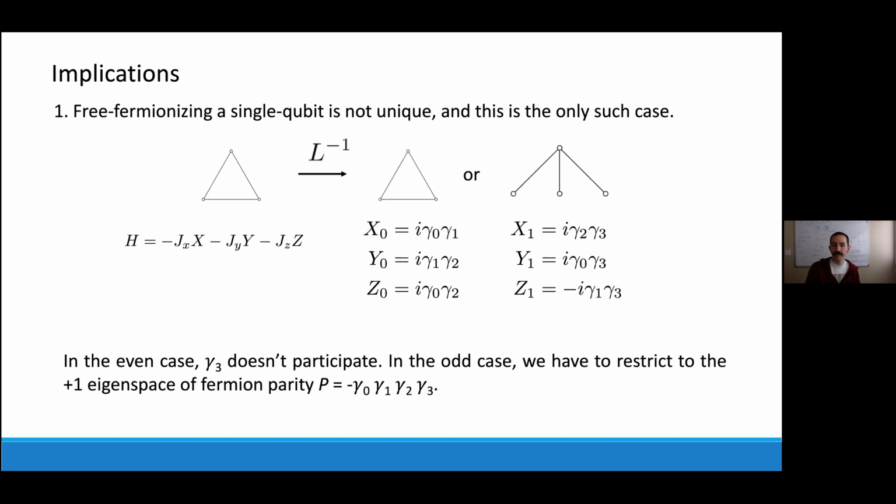Kitaev chose a specific free fermionization, but there's actually 2 different ways you can do it corresponding to this triangle, where I choose this mapping from spins to free fermions, or I choose this mapping, which induced these different commutation structures, right? So this would be the Hamiltonian, a general Hamiltonian for a single qubit, and it's free in a sort of trivial way. Kitaev does something interesting where he embeds these into the solution of this larger problem, but there's more than one way to do this. And this is the only case where there's more than one way to do it.